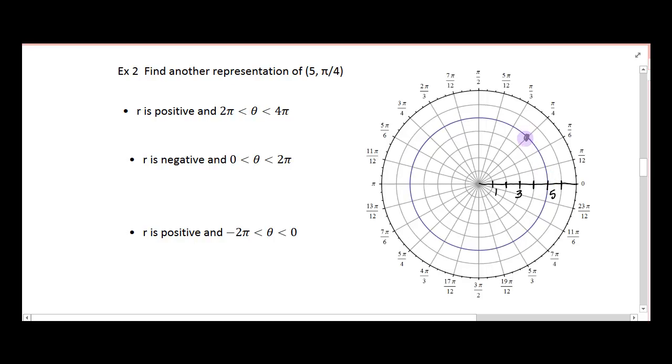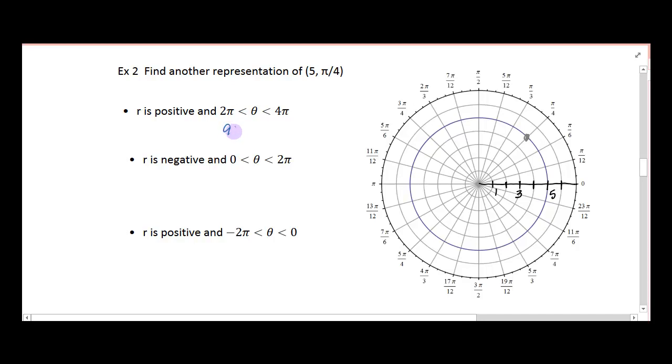So if I'm starting originally at this point, because this is the point we're going to represent multiple ways, and I travel all the way around the circle 1 more time and come back to that point, I've traveled a distance of 2 pi. And because we are talking about theta now, I've gone around 2 pi plus pi over 4, which would be 9 pi over 4.